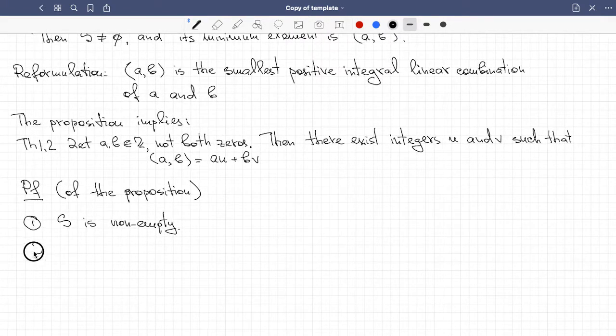Let M be A and N be B. Then AM plus BN is A times A, which is A squared, plus B times B, which is B squared.